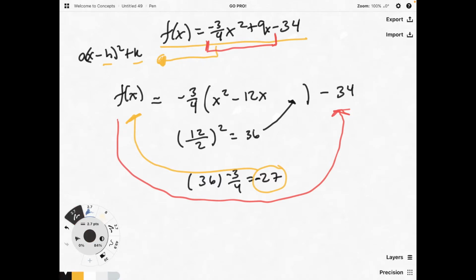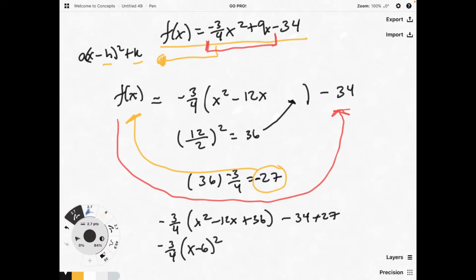When we do that, then we have negative 3/4 x squared minus 12x plus 36 minus 34 plus 27. When we write this in factored form, we get negative 3/4 times (x minus 6) squared minus 7.